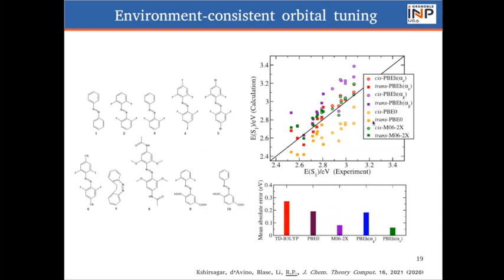Alpha G, as amount of exact exchange, probably is too large, and so you have excitations that are higher, and the best agreement is found with alpha E, as you can see also from this statistical analysis here.